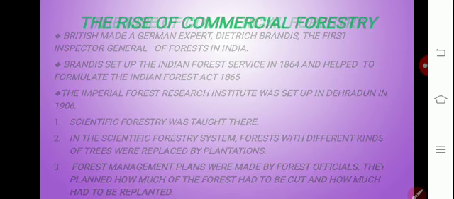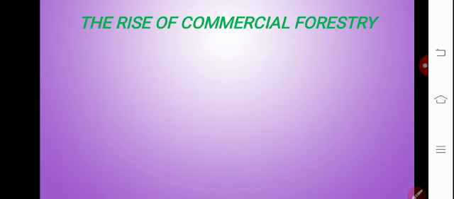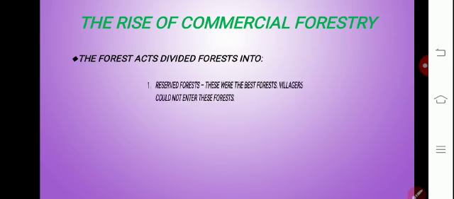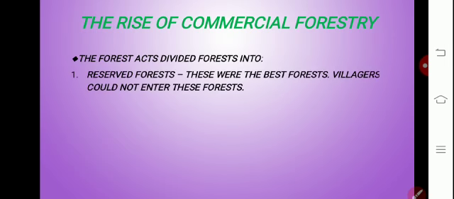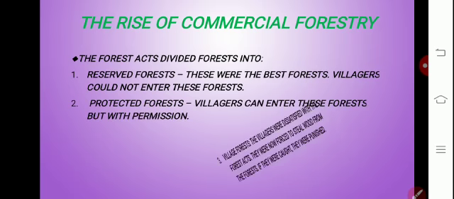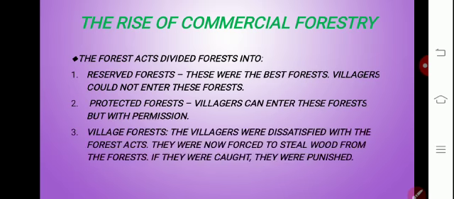Some more points are there. Because of this commercial forestry, the Forest Act divided forests into three categories. During this rise of commercial forestry, forest laws were made, and according to those laws, forests were divided into three categories.